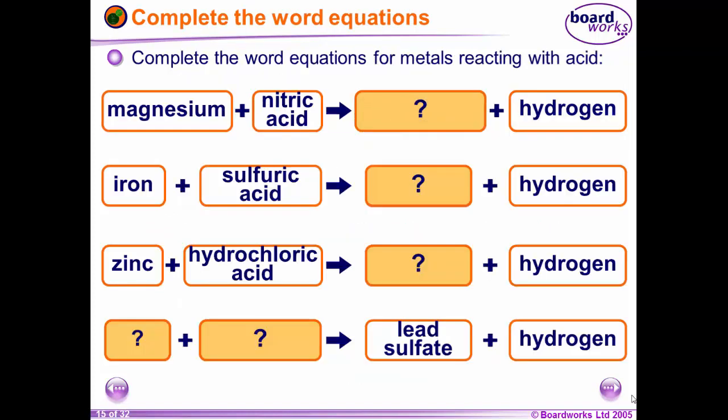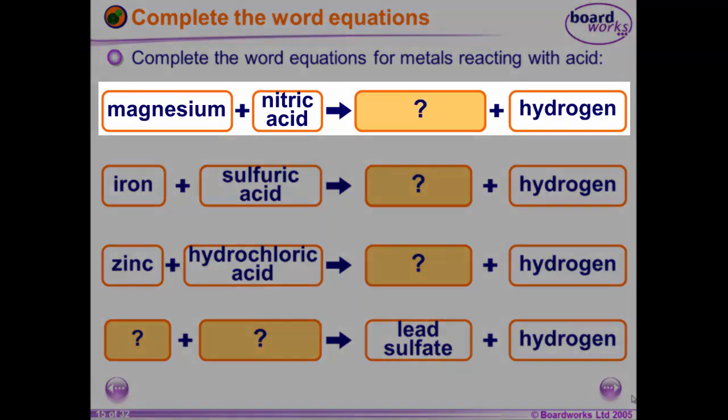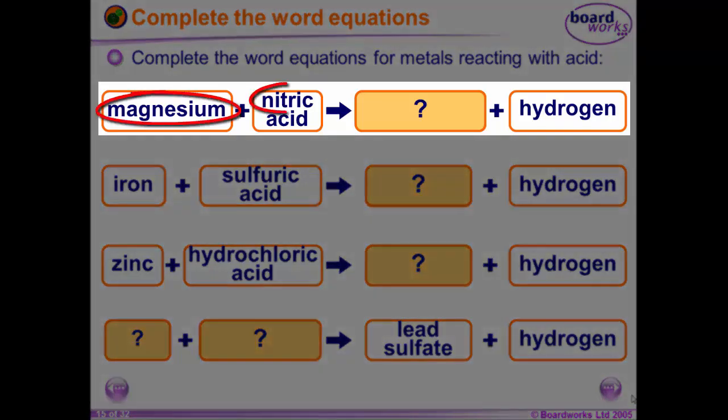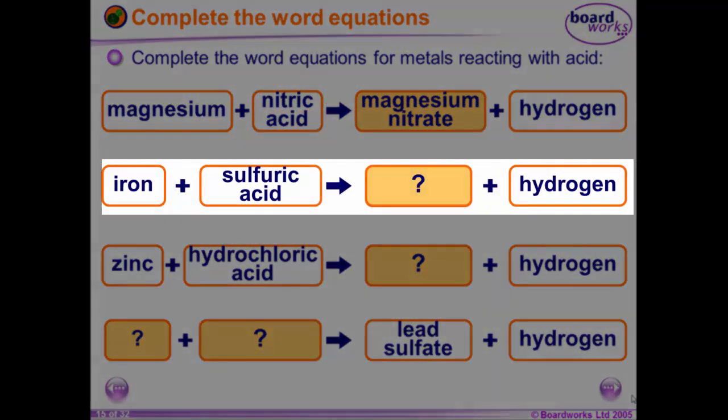For example, if you put magnesium and nitric acid, what salt will be produced? Well, it's magnesium and nitric. It will be magnesium nitrate and hydrogen. If you have iron and sulfuric acid, it will produce iron sulfate and hydrogen.